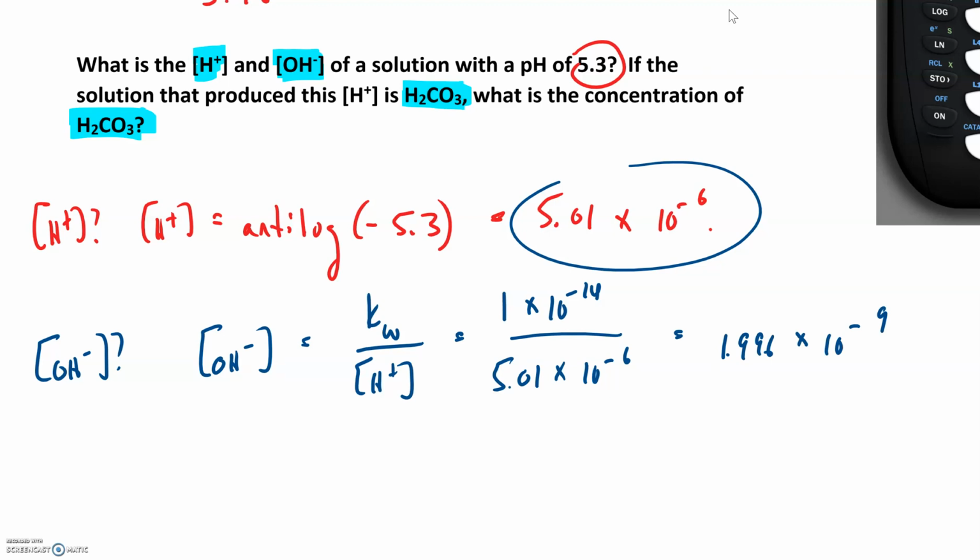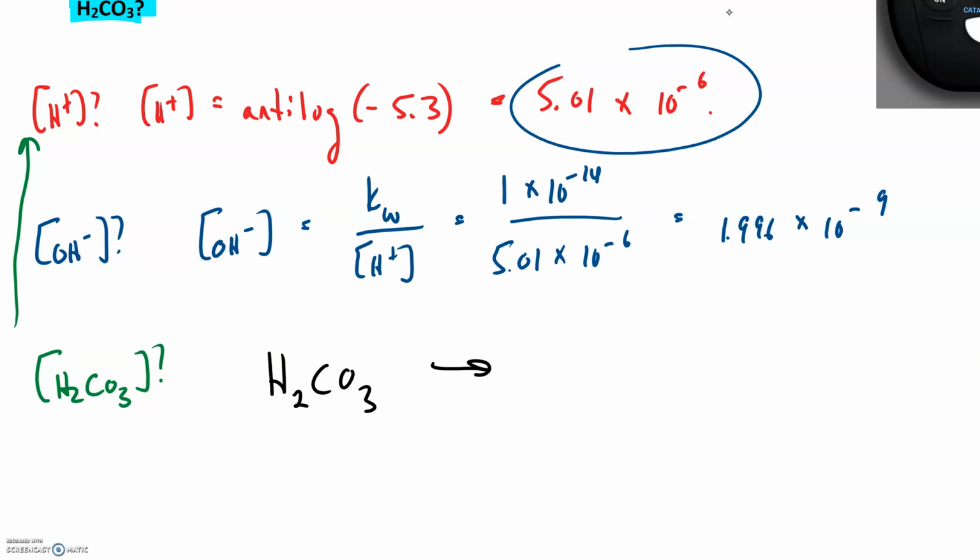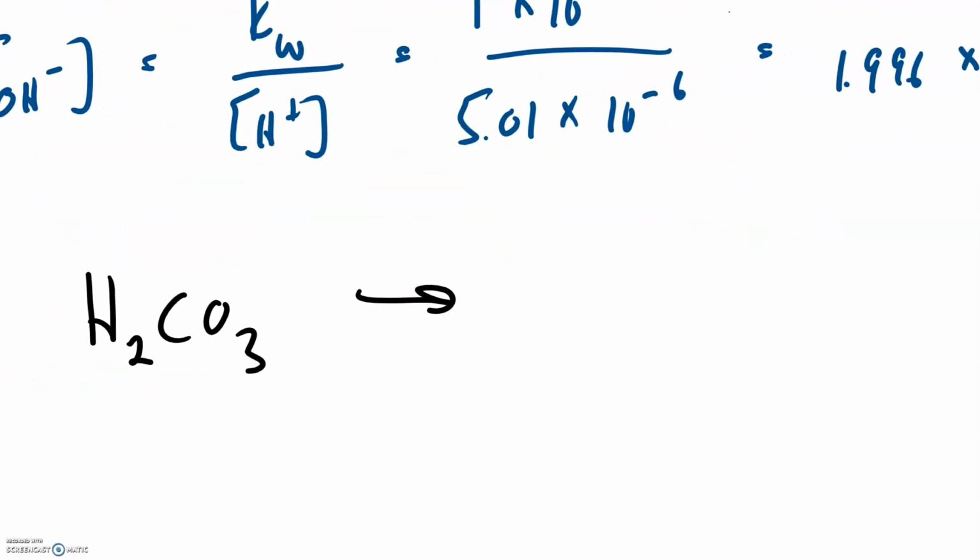Now this third question is probably the one that's going to give us the roughest time, because it's asking us what's the concentration of the H2CO3 that produced this H plus. And believe it or not, this is a problem that you already know how to do. We know how to write dissociation equations for these. We know that H2CO3 is an acid with 2 H pluses in it.